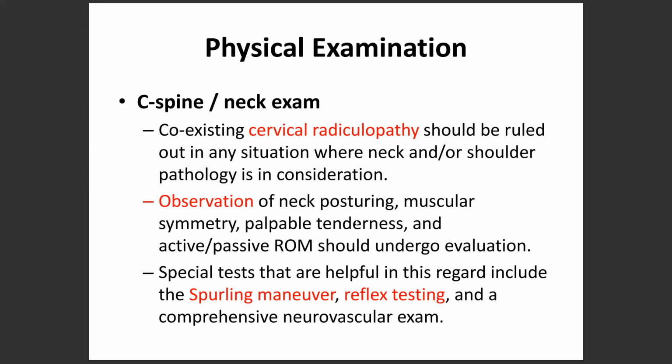These special tests include the Spurling maneuver, reflex testing, and a comprehensive neurovascular examination. Observation of the neck and posturing, muscular symmetry, as well as palpable tenderness, and active and passive range of motion should undergo evaluation, on both sides.